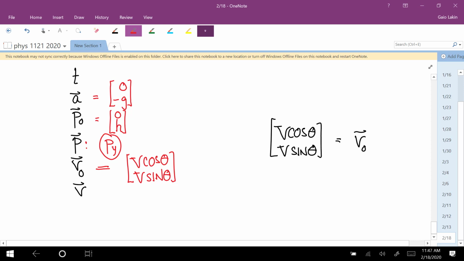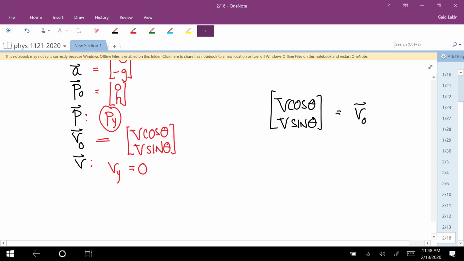And what we know about the velocity at time t when the object's at its highest point is that the y component is 0. And so I think we can use the y equation that says 2ay times the quantity p minus p0 y is equal to vy squared minus v0 y squared.